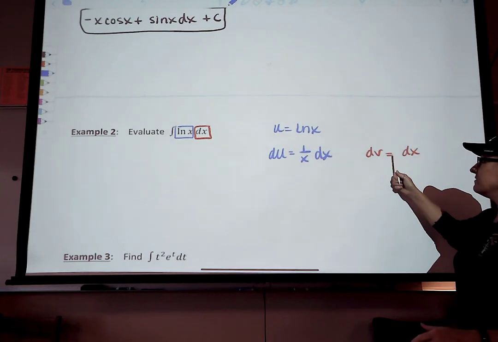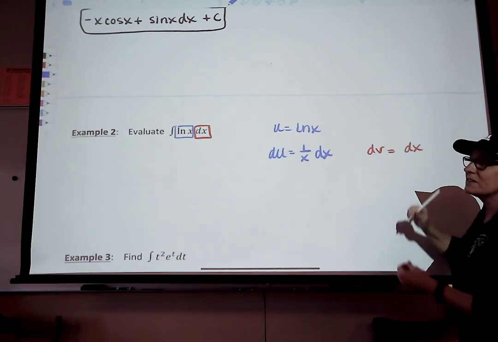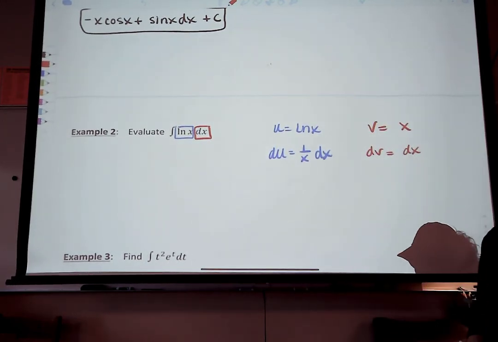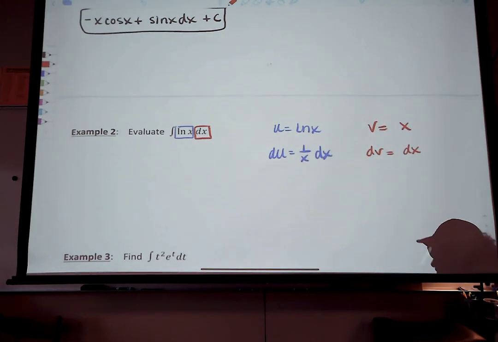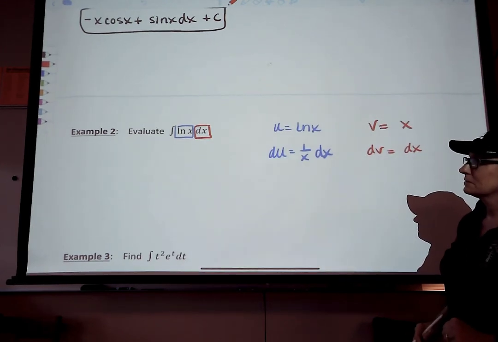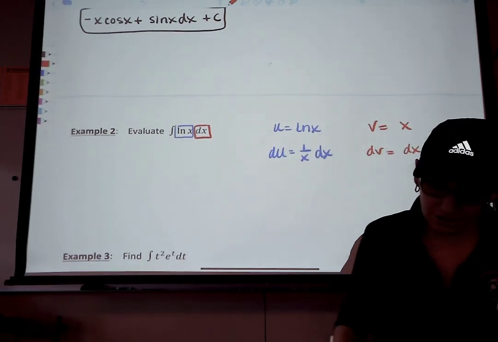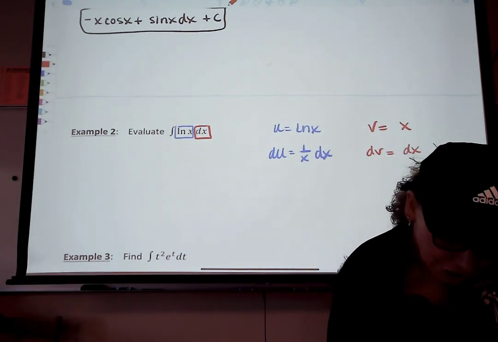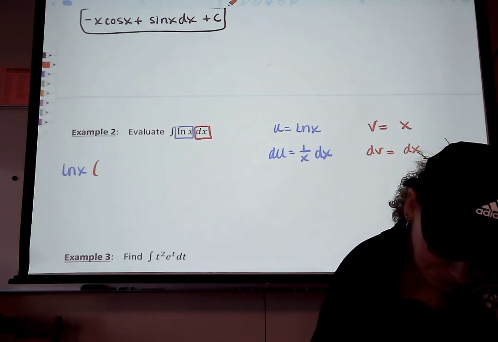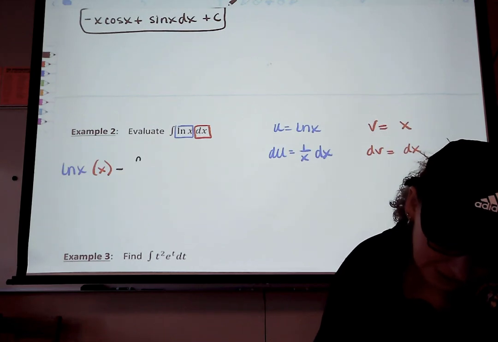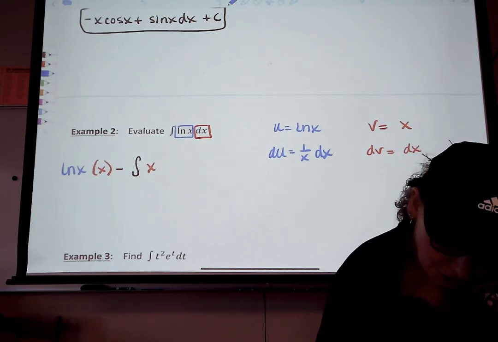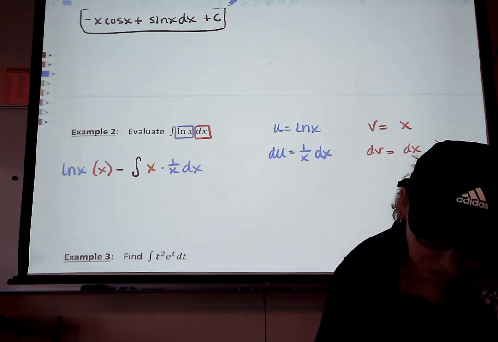If dv is 1 dx, what was v? V had to just be plain x, right? Because the derivative of this is 1 dx. Okay, let's see how it worked. Let's go uv minus the integral of v du. Oh my goodness, that's cool.